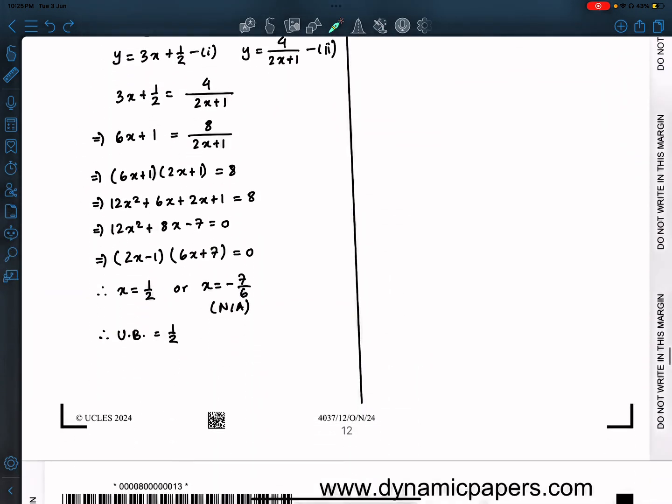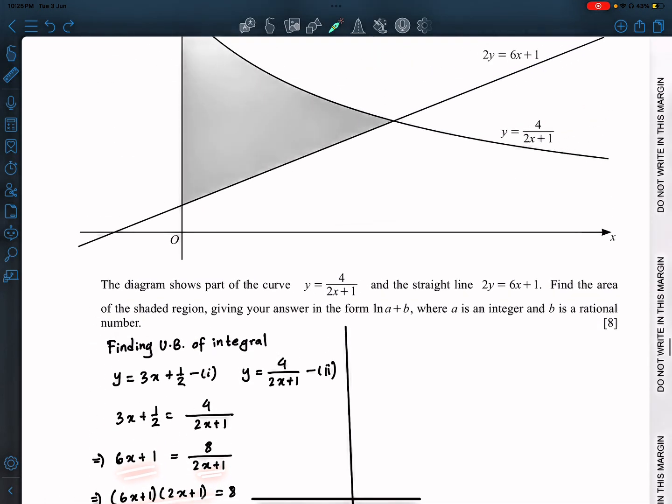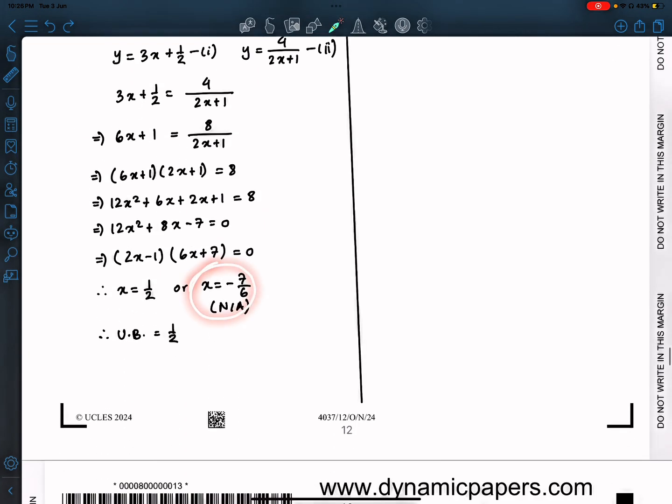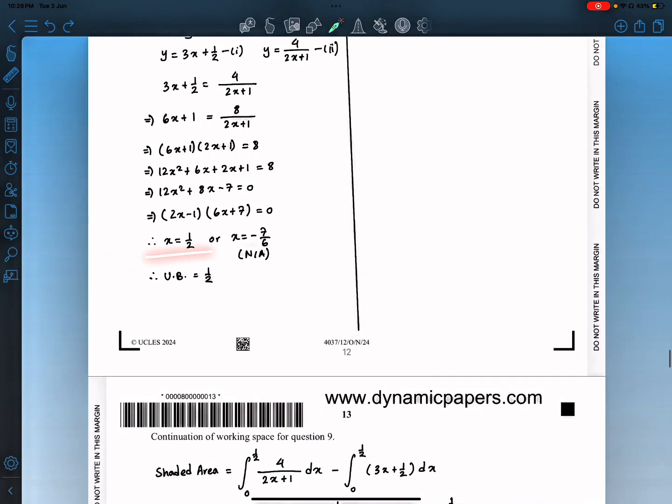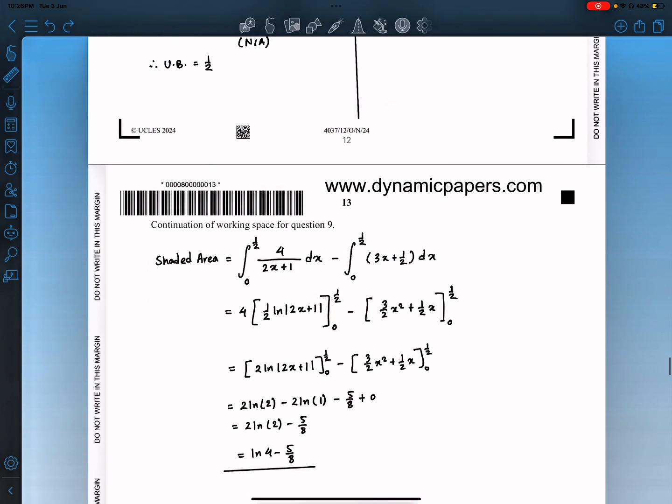So if we equate these together and solve for x, we find x to be equal to half or minus 7/6. Since in the diagram, x is shown to be positive, we only take the positive value. That is all for finding the upper bound.